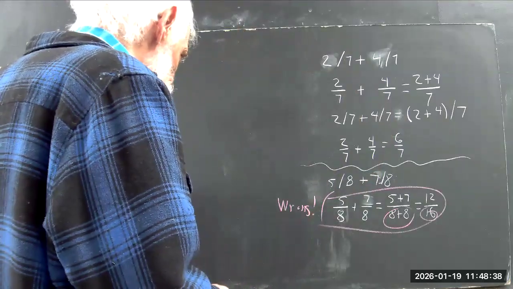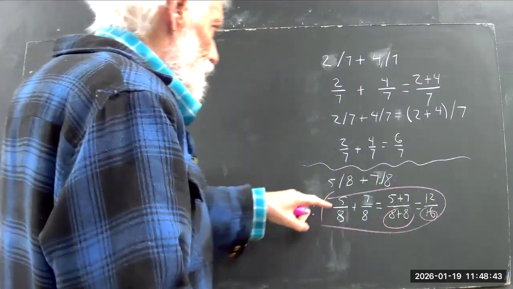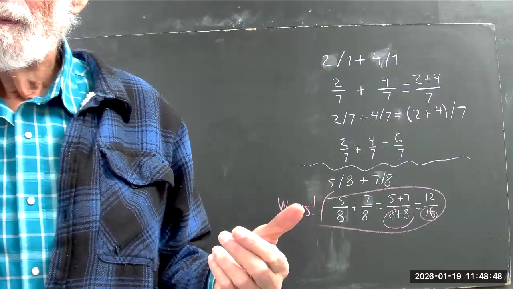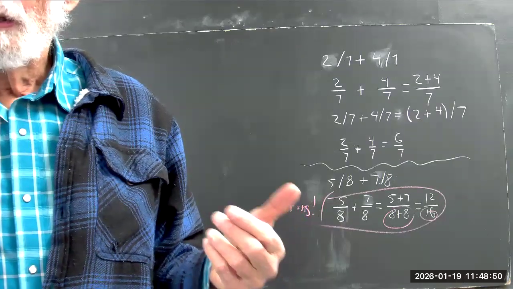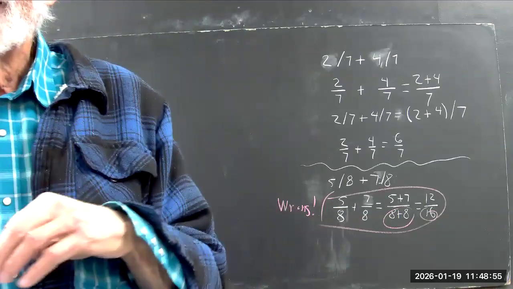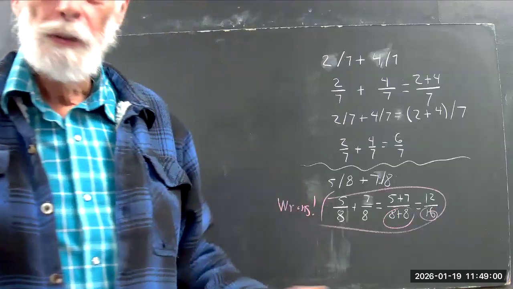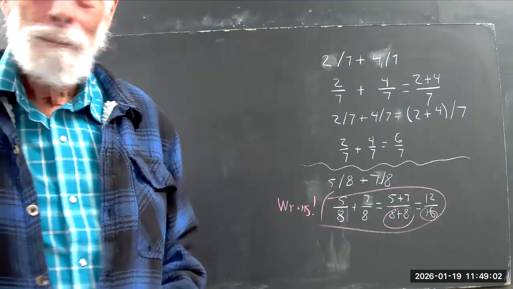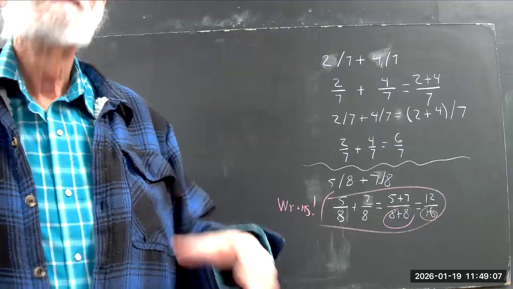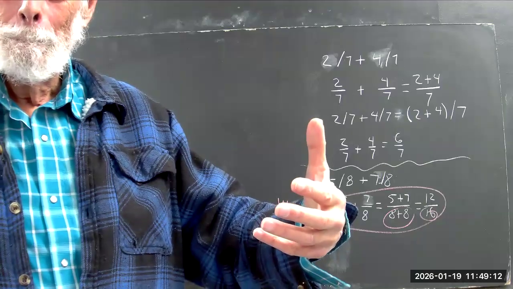Another way of saying that something's very wrong here is, is 5/8 bigger than a half or less? Well, half would be how many eighths? 4/8, right? So 5/8 is bigger than 4/8, it's bigger than a half, right? And clearly then 7/8, since 7's bigger than half of 8, is bigger than a half, right?